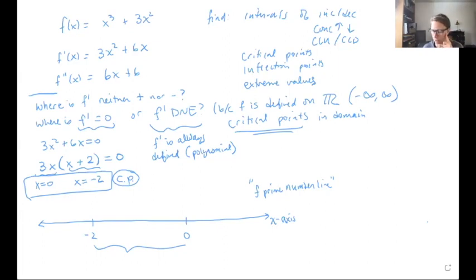This is a continuous function. The derivative is continuous. So if the derivative is negative somewhere and then positive somewhere, and we're limiting ourselves to being between -2 and 0, yeah, the derivative would have to be 0 at some point or undefined. And if it were undefined or 0, we would have found another critical point.